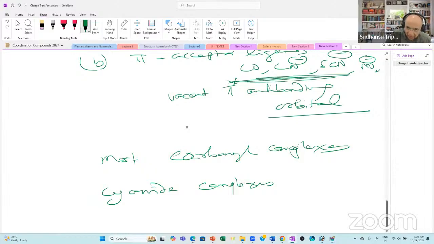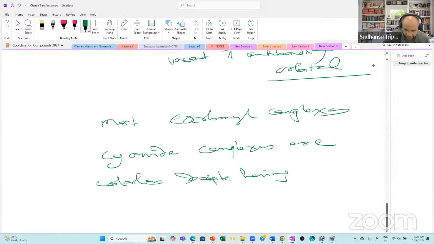And other complexes having these pi acceptor ligands like nitrito are colorless, despite having non d0 configuration, sorry, non d10 configuration.